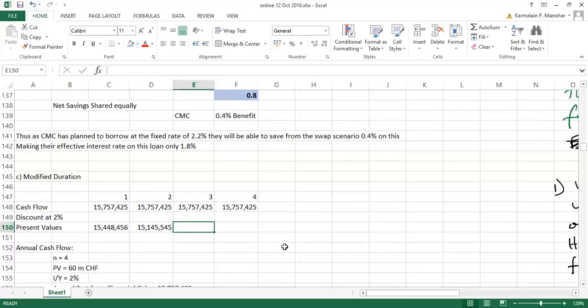All right, so we will now need to clear the calculator, press second function FV, and start again. Punch the cash flow in, 15,757,425, and press FV. That's the future value. Then press the 2, press the IY.